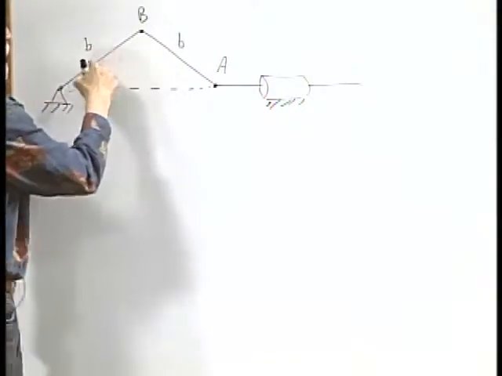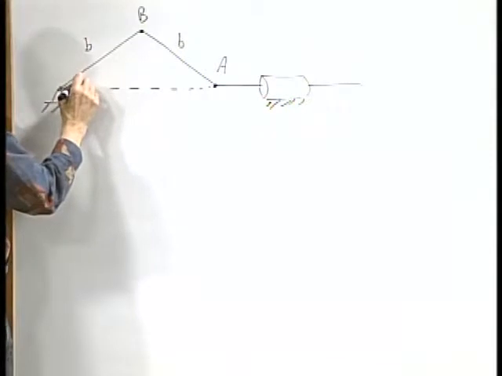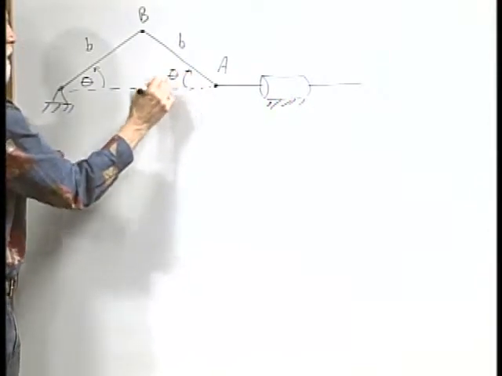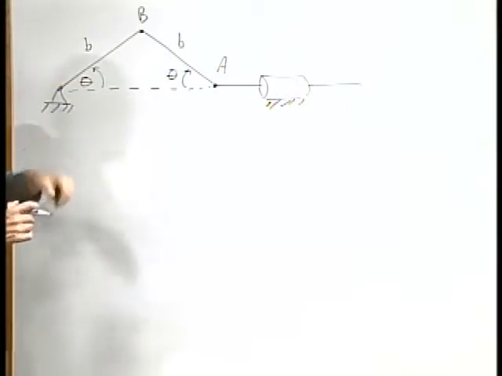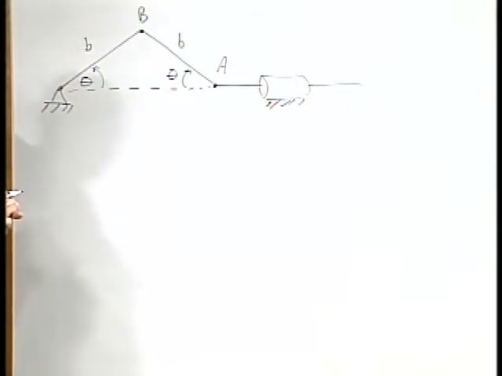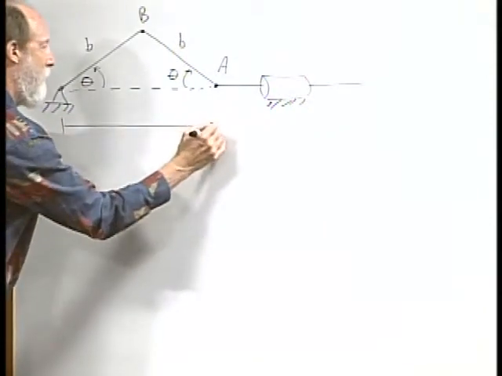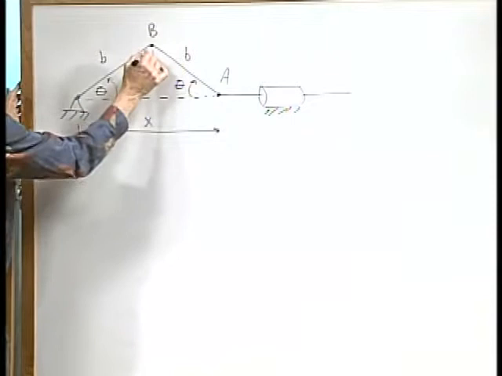Since both these arms, the crank arm and the connecting rod, make that triangle consistently isosceles, we have symmetric, equal angles right there. So what we did the other day is we wrote that this distance defined as x is equal to twice b cosine theta.